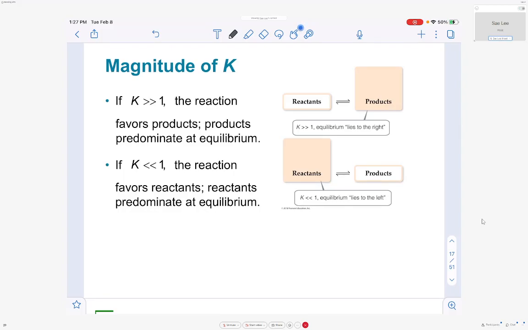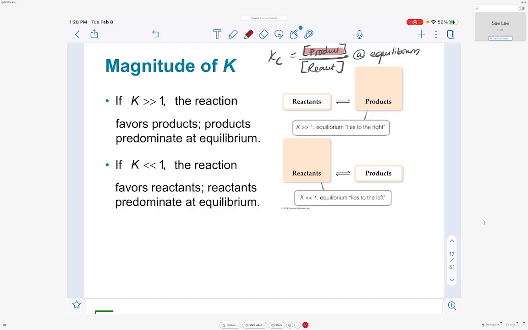So what does this magnitude of equilibrium constant Kc tell us? Since the magnitude of Kc is basically concentration of product over concentration of reactant at equilibrium, if K is a larger number, this means you have a bigger number in the numerator, which means you have high concentration of product at equilibrium.